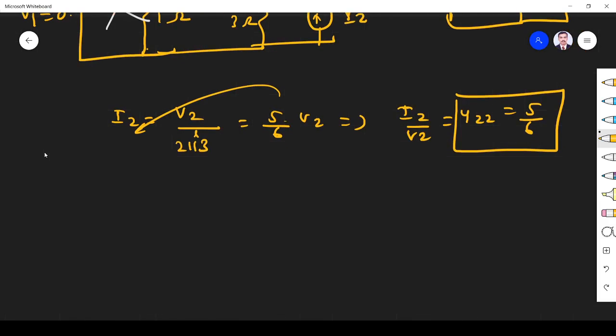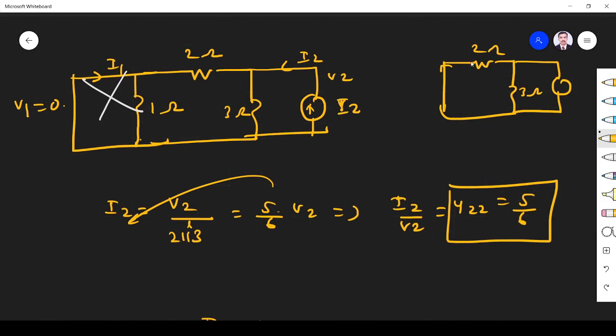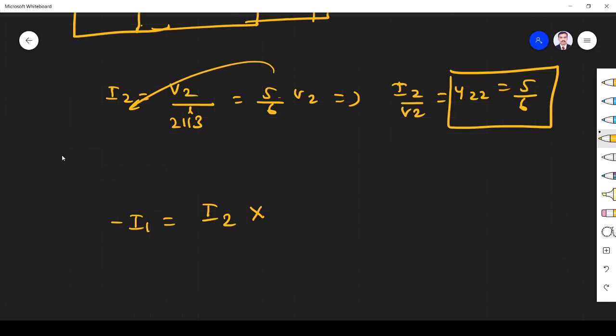Next, as usual, we find the I1 current. So minus I1, because the current is coming in the opposite direction. I1 is nothing but total current I2 multiplied by the opposite resistor. This is I1 current, this is I2, the total current is I2. I want to find the current through this 2 ohm, so I have to take the opposite resistor. So I2 into 3 divided by 2 plus 3.